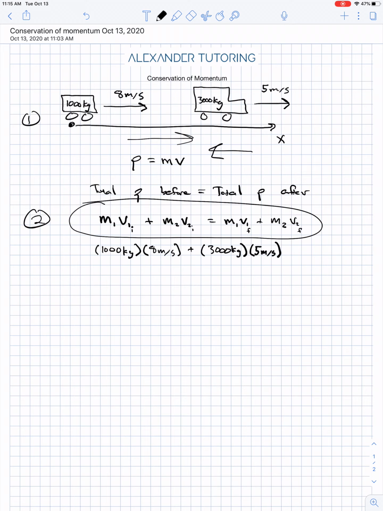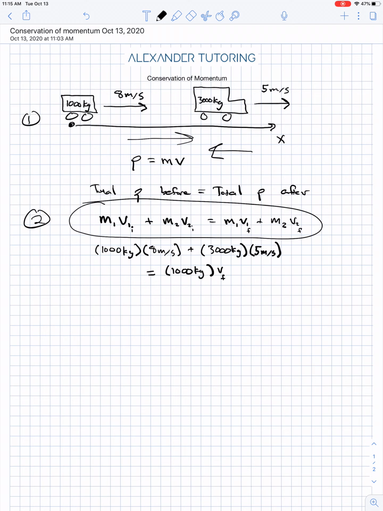Okay? And we're going to set this equal, now we're on the right-hand side of the equation, to the final velocity. Now, M1 hasn't changed. That's the mass of the first car. That wouldn't change unless something broke off. V1 final, I'm just going to call V final now, because once the two things are stuck together, the car and the truck are going to be moving together.